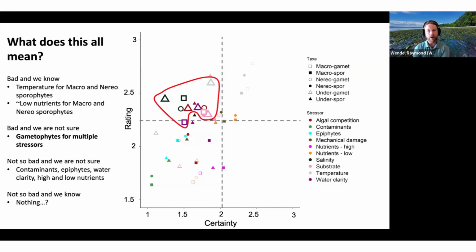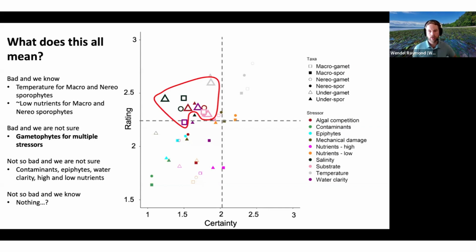This is dominated by the gametophyte life stage, indicated by the open symbols, for multiple stressors. So this includes substrate, algal competition, salinity, mechanical damage, water clarity, and some others.